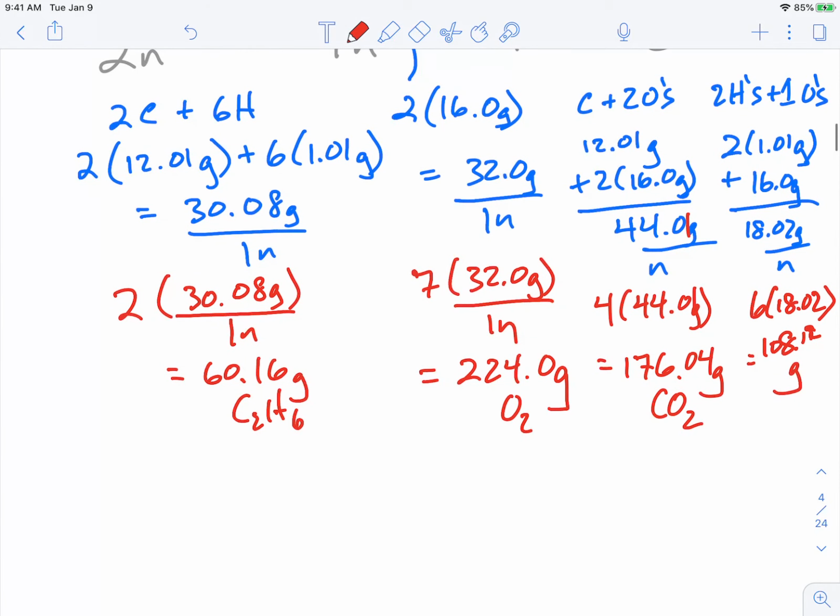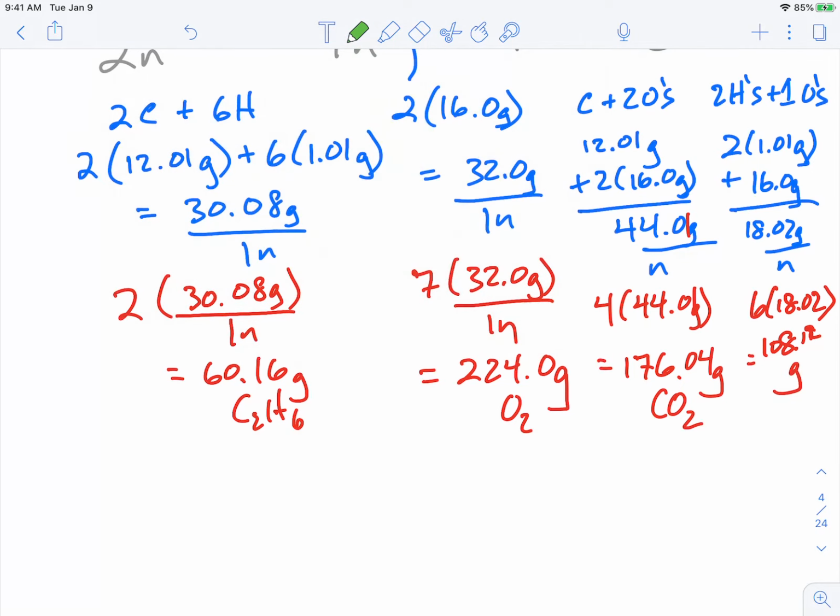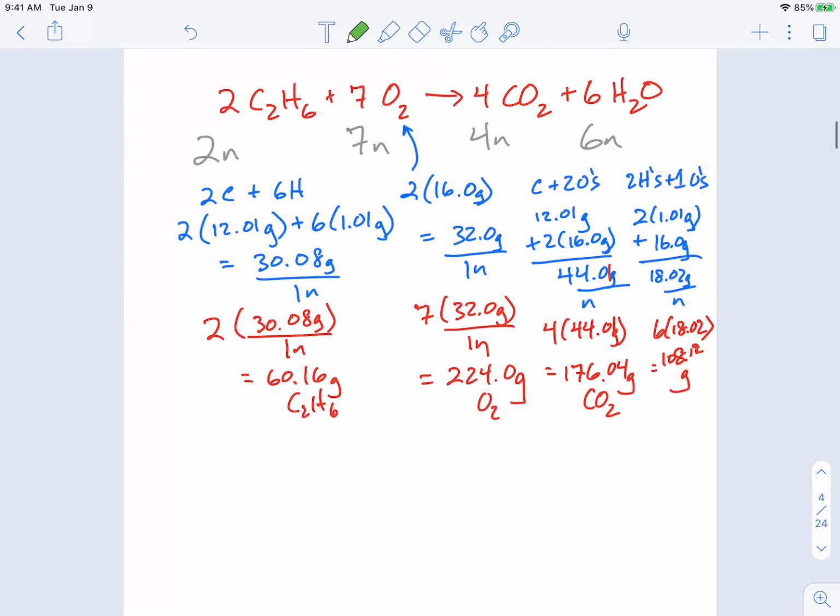Now, if we were to look at these and add these up, what we ought to notice is our law of conservation of matter. This is our green line dividing up our reactants and our products. What we ought to understand is that our balanced equation follows our law of conservation of matter.